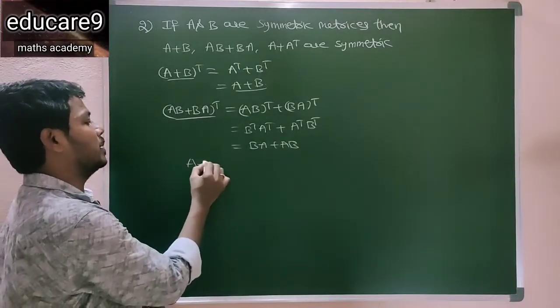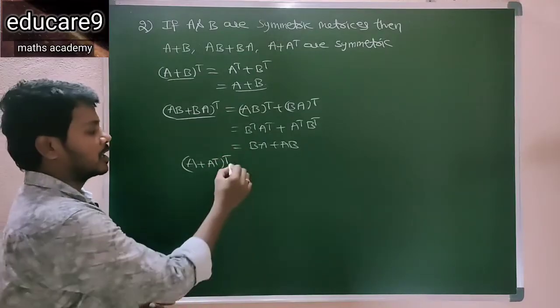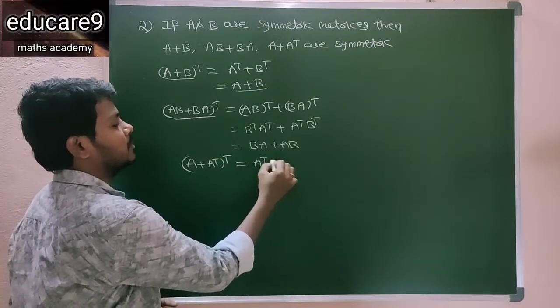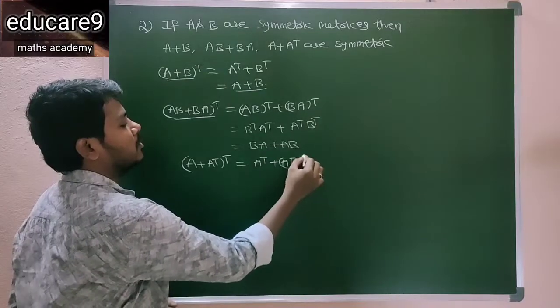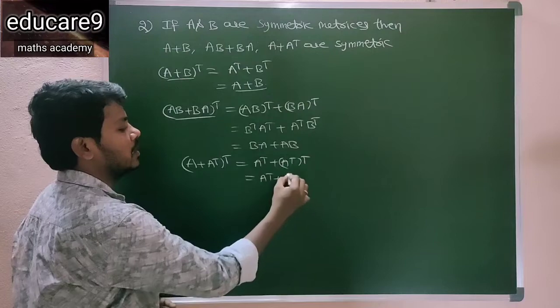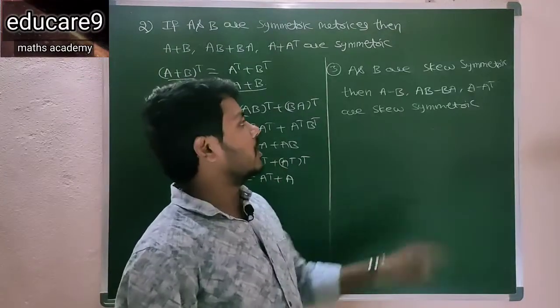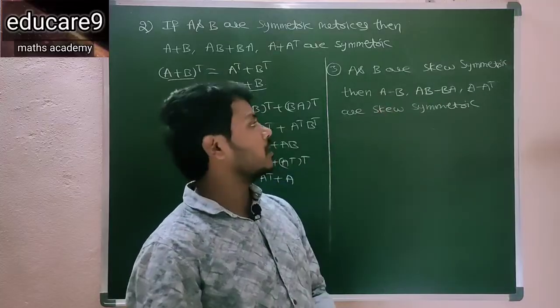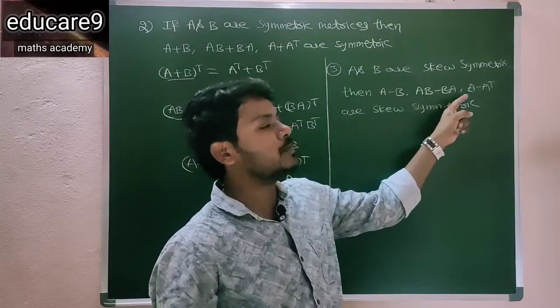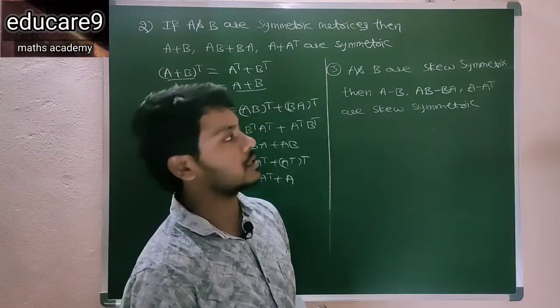And find A plus A transpose whole transpose. This is A transpose plus A transpose whole transpose. So what you get? A transpose plus A. So this is also symmetric. See here third one: A and B are skew symmetric. Then A minus B, AB minus BA, and A minus A transpose are also skew symmetric matrices.